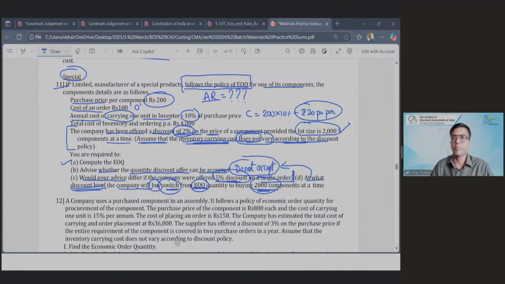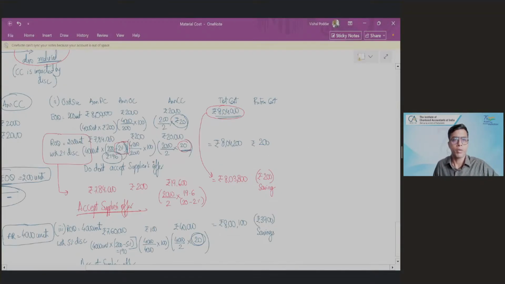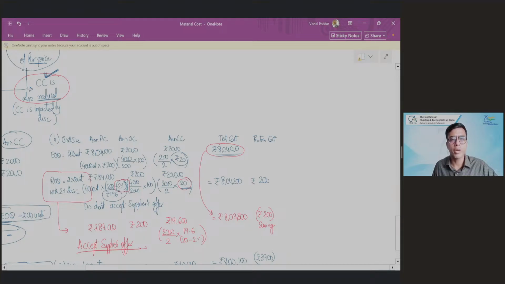Right. As a businessman, I will say, boss, why was I not ready to switch? For 5,000 at this, I was ready to switch. But in question B, that is question 2, I was not ready to switch with 2% discount because your option was costly by rupees 200.